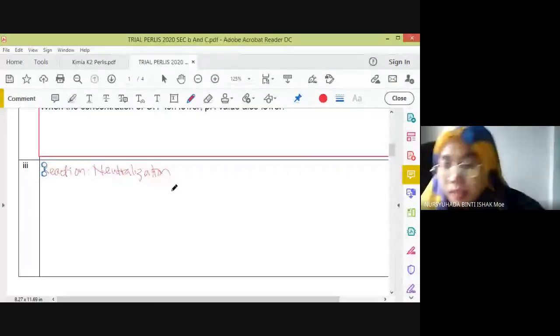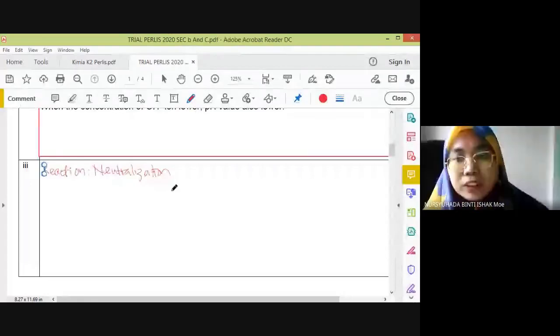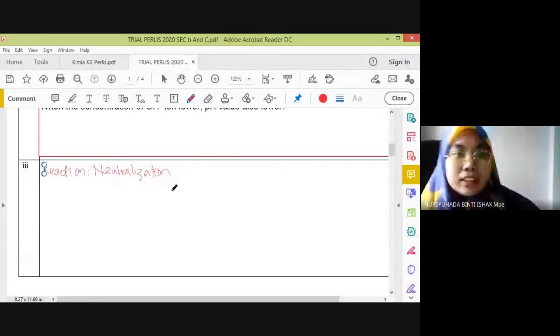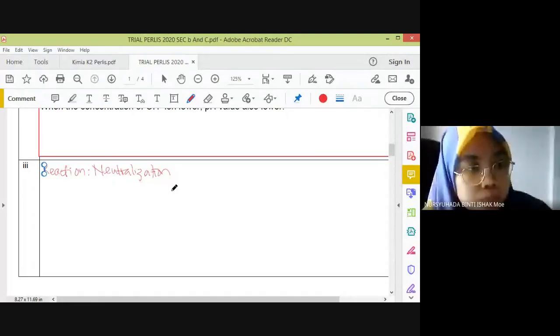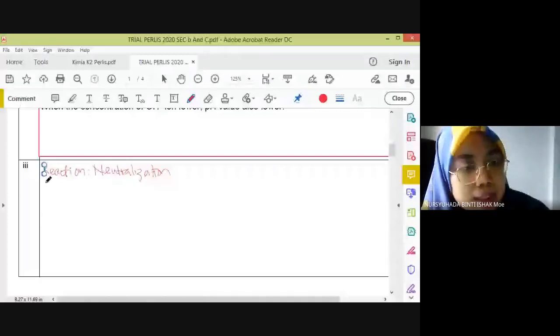Okay, next. Chemical equation between sulfuric acid dengan NaOH. So H2SO4 plus NaOH, and then the product is Na2SO4 plus water.